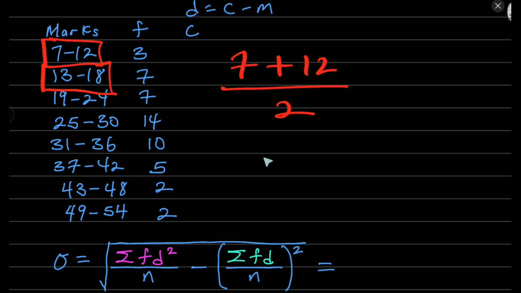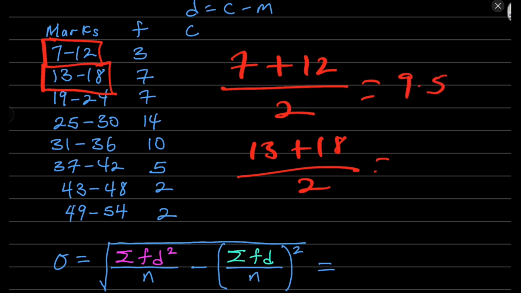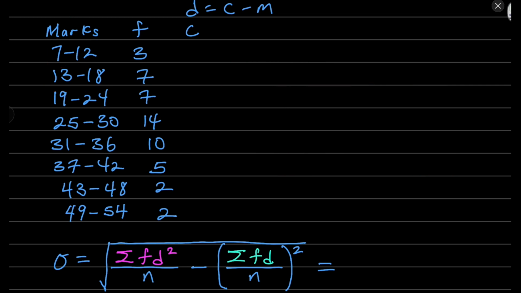For the second class it would be 13 plus 18 divided by 2. So this is 9.5 and this would be 15.5. To save time, I'm just going to skip the computations and fill up the column.